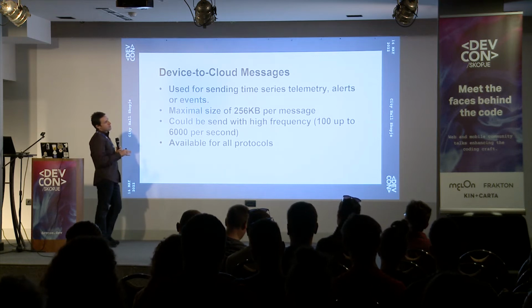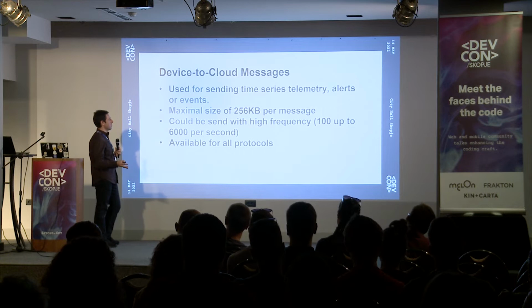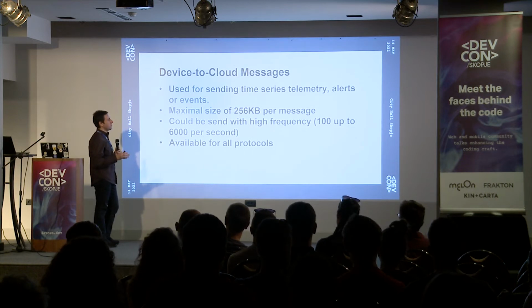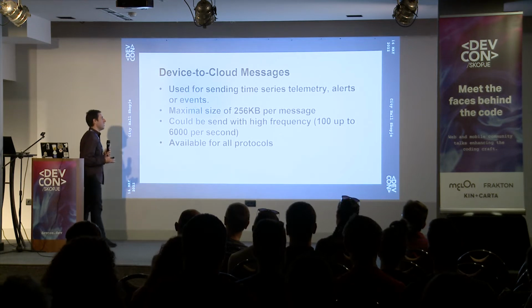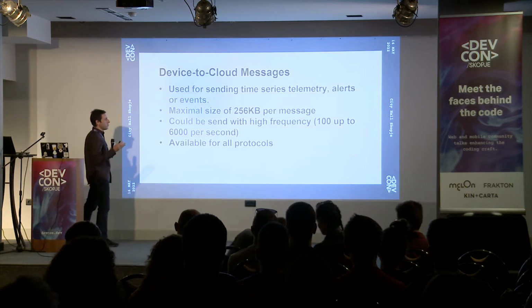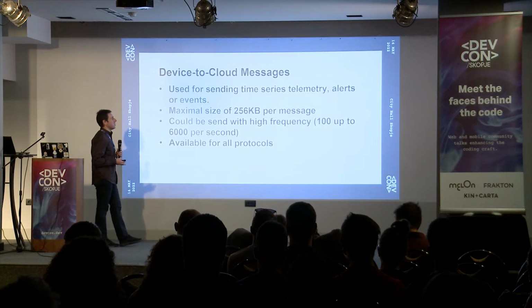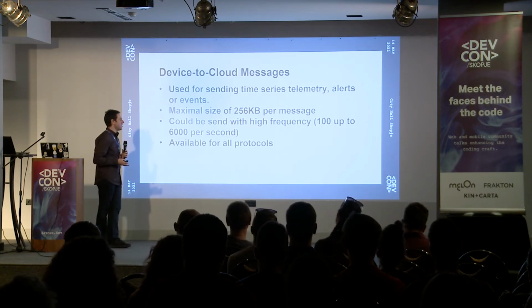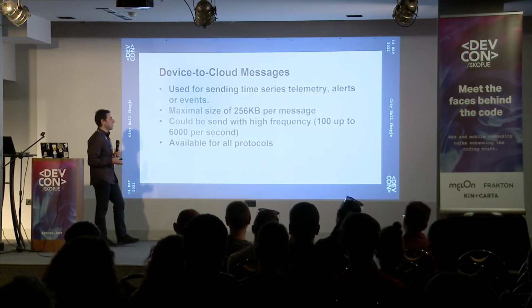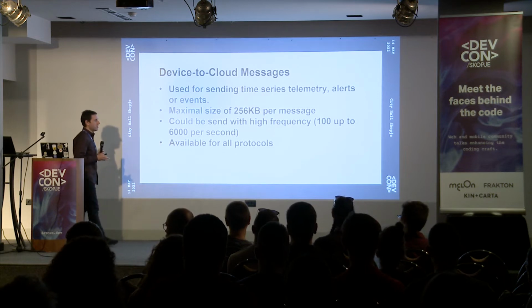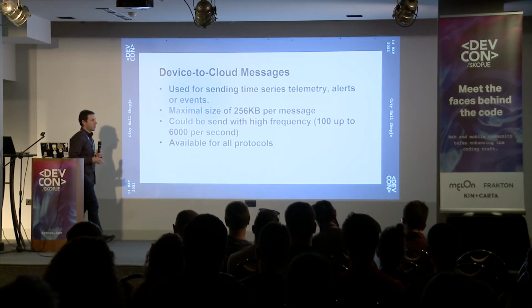Now we will speak about the communication from the device to the cloud. The first one is telemetry, which could send some alerts or events. The maximum payload size is 256 kilobytes per message, and the most important thing is that this could be done with high frequency because things could change very often on the device.